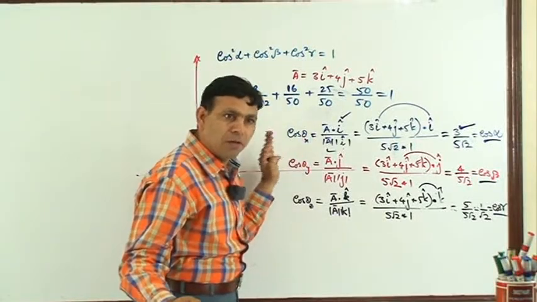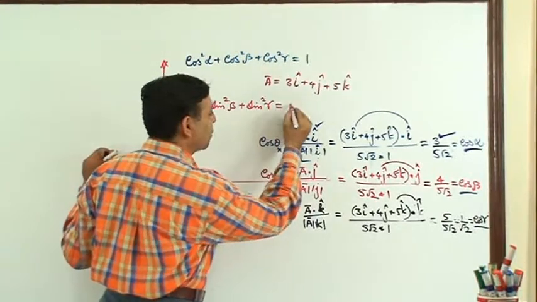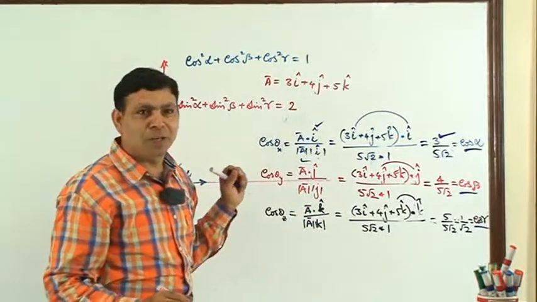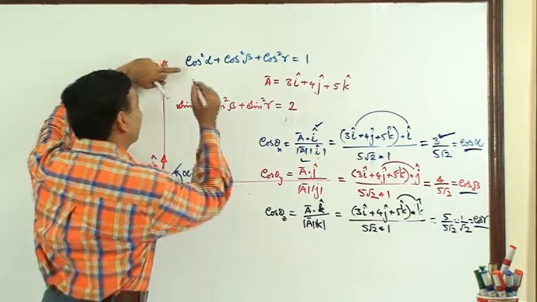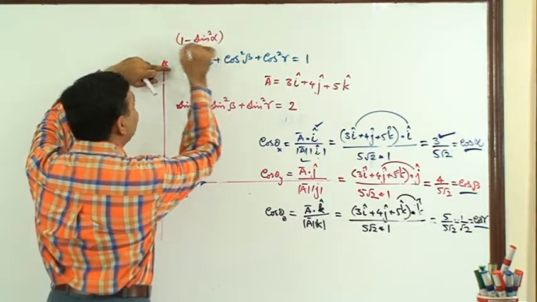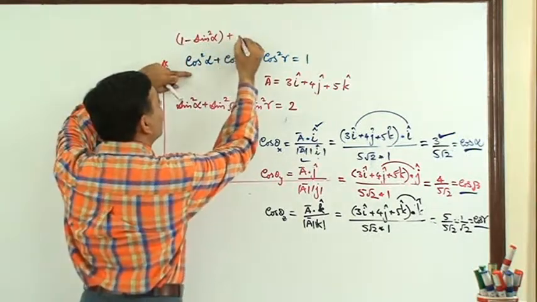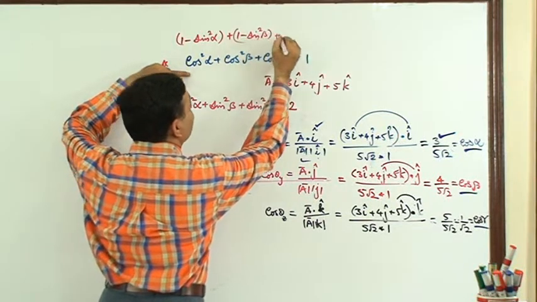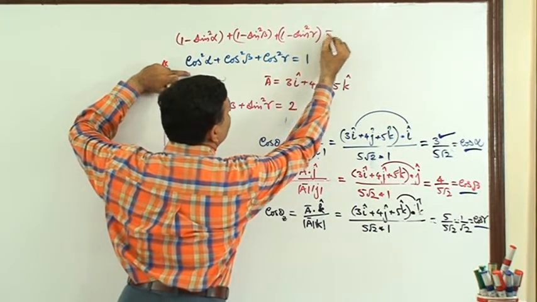Is that clear? And sin square alpha plus sin square beta plus sin square gamma is going to be 2. You know very well sin square theta plus cos square theta is 1. So this cos square alpha can be written as 1 minus sin square alpha. Similarly, cos square beta can be written as 1 minus sin square beta, and this can be written as 1 minus sin square gamma, which is 1.